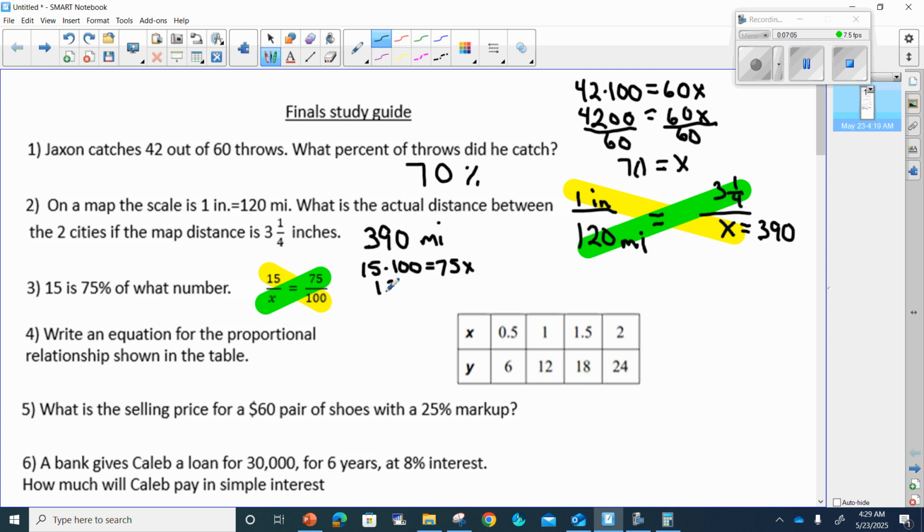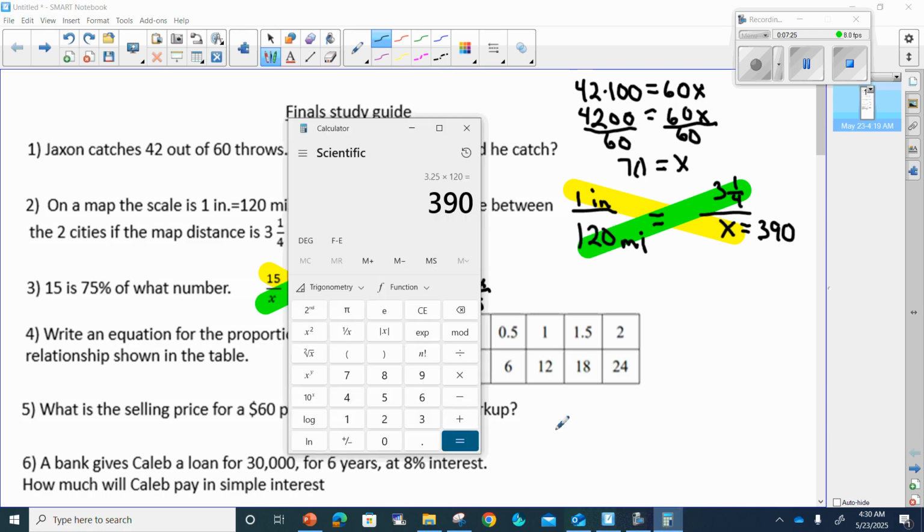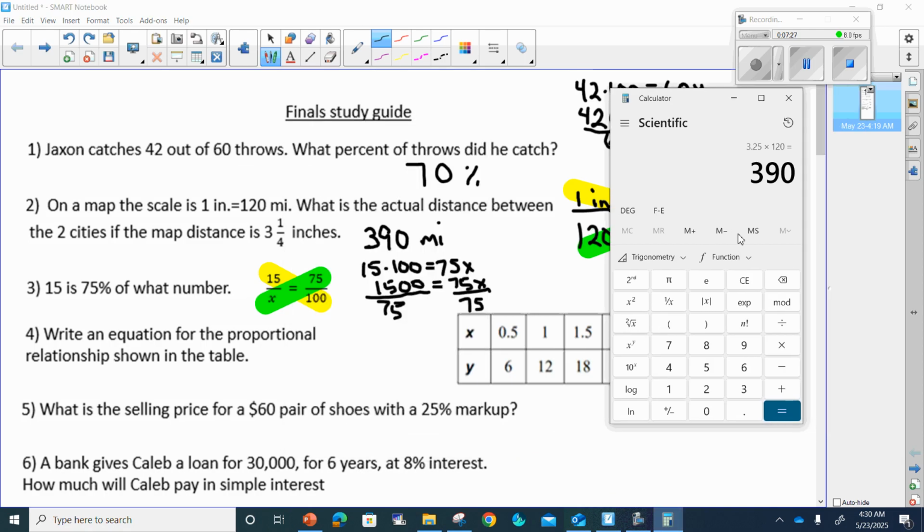Of course, this is 1500. And now we divide 75 away from x, which means we divide 1500 by 75. 1,500 divided by 75 is 20. So my answer has to be 20.